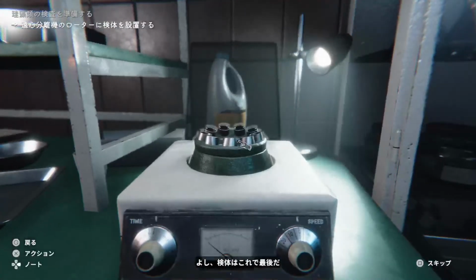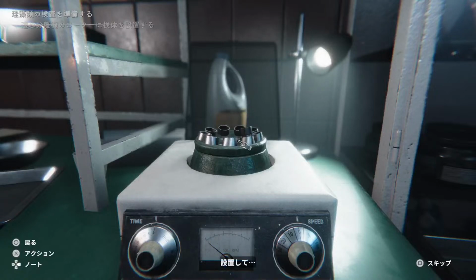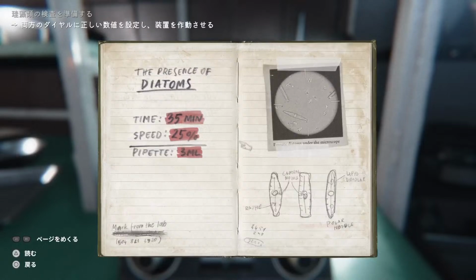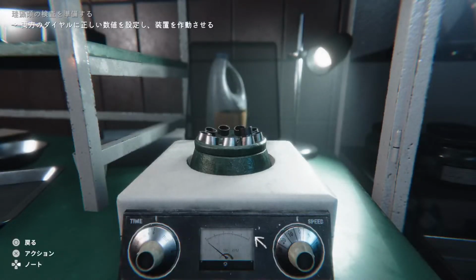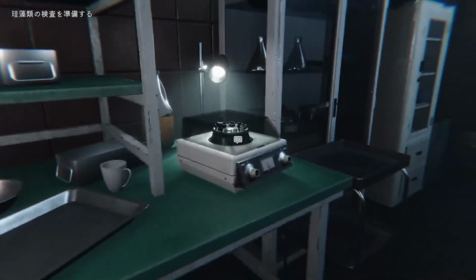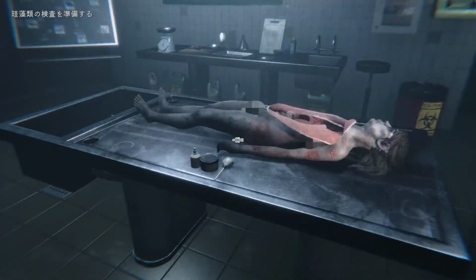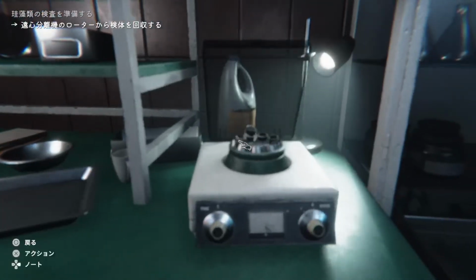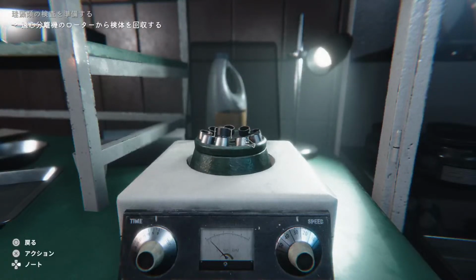Okay, this is one last little sample. Now, set. Done.